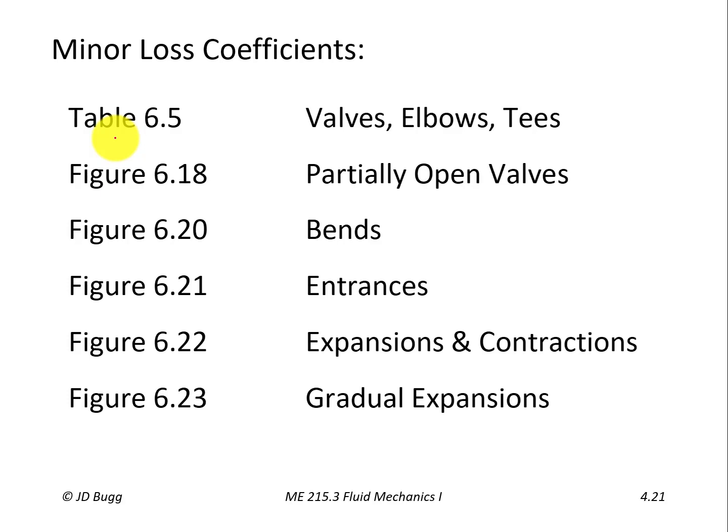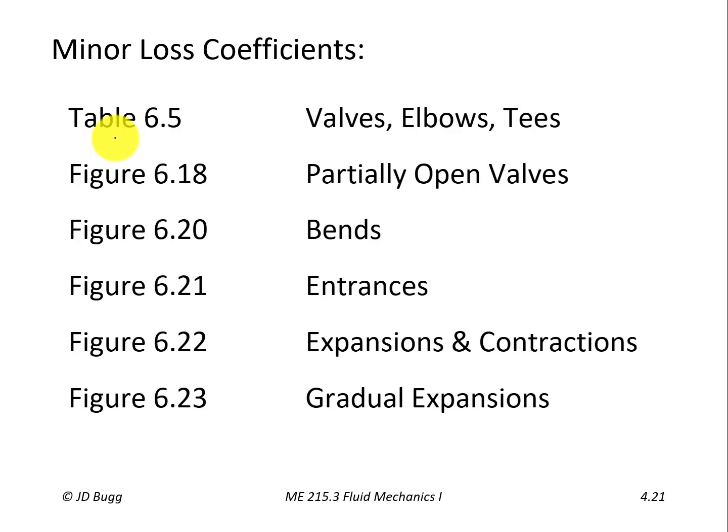So these are not any particular manufacturer's valves, elbows, and T's, but they're just generic numbers for different designs of valves, elbows, and T's. And if you look at table 6.5, you'll see the variety of different types of elbows and T's that are in there. But that's where we're going to go for our minor loss coefficient information.